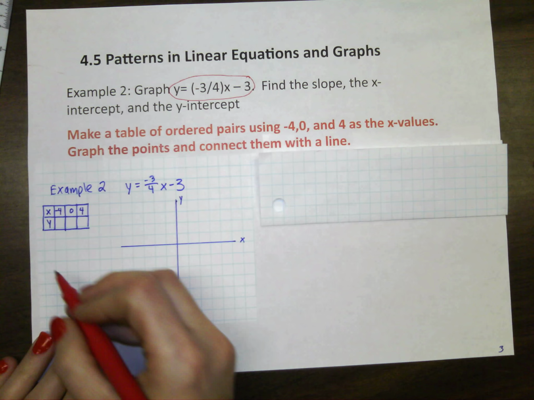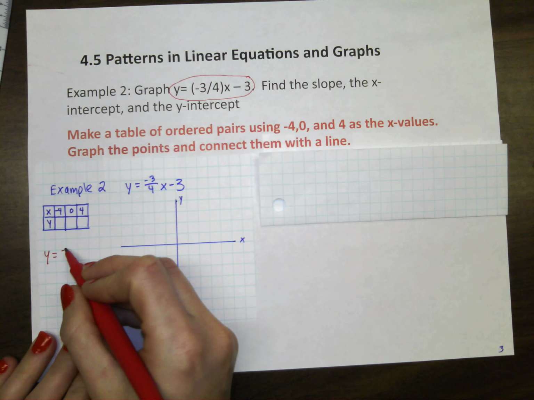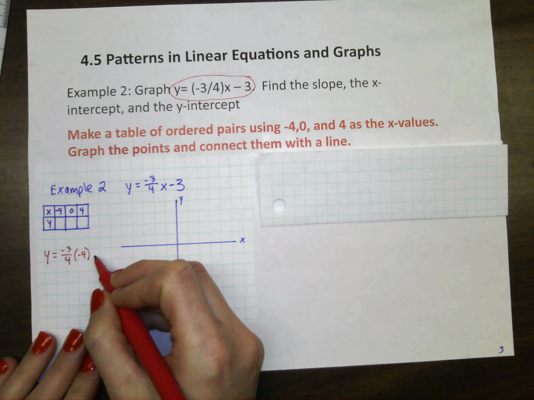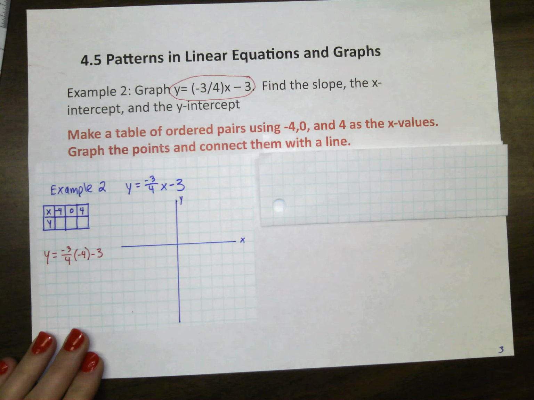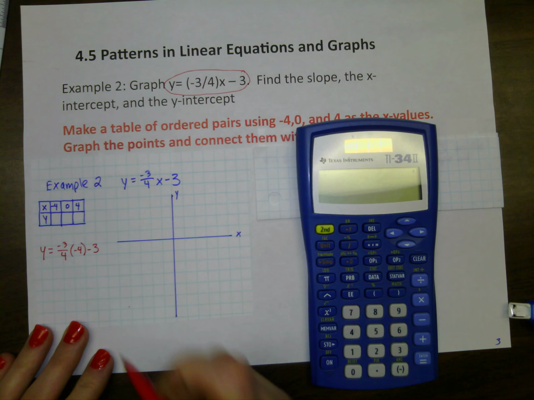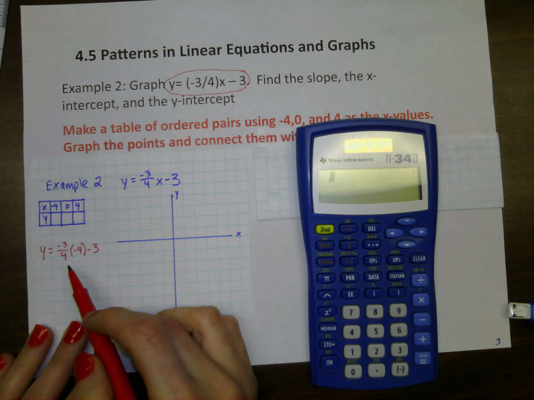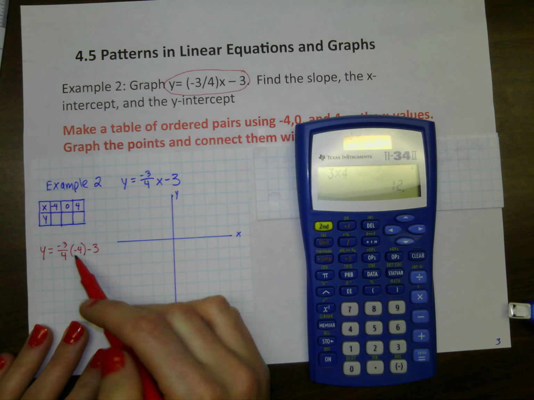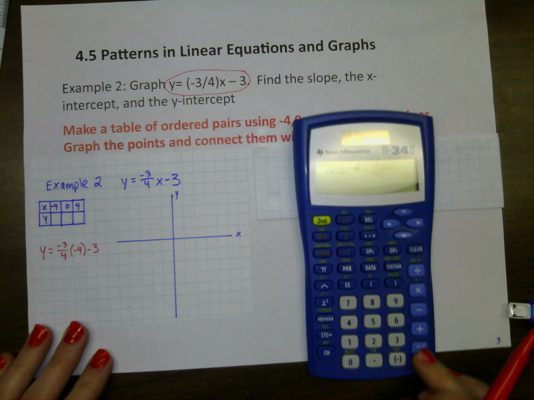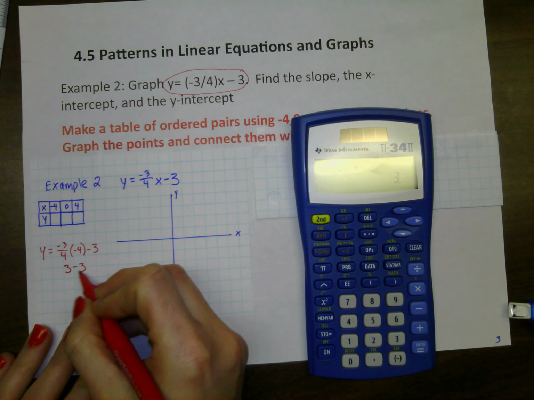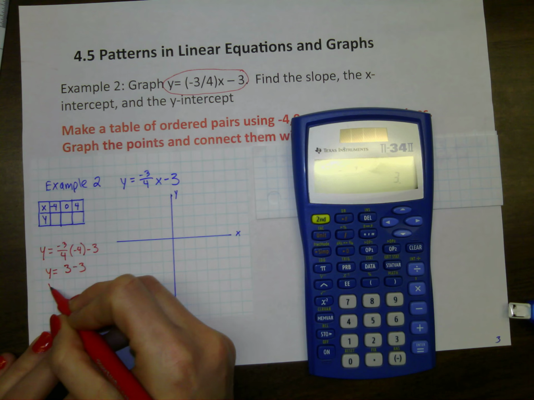So in this case we have a fraction here, but that's okay because this is showing us our rise over our run, which you'll notice later. Same idea, let's plug in 3 values for x. When x equals -4, we're going to have y equals -3/4 times -4 minus 3.